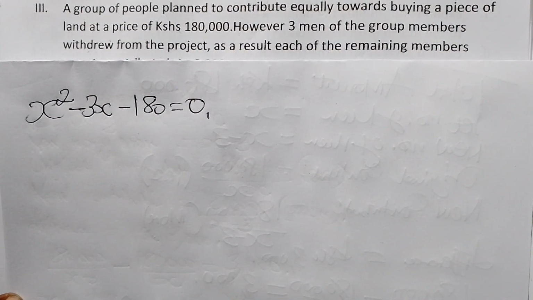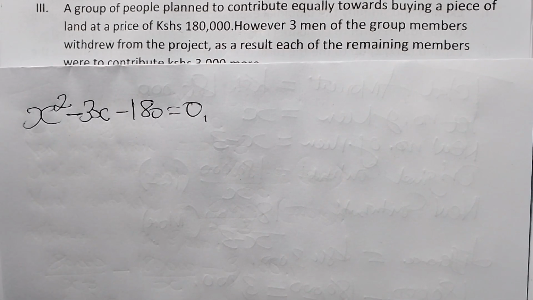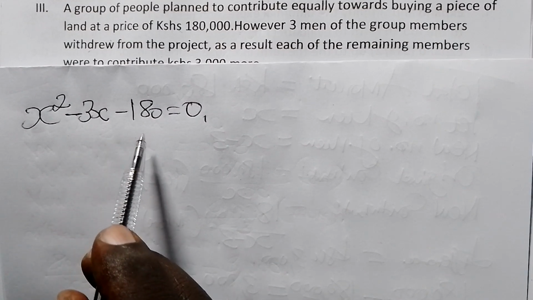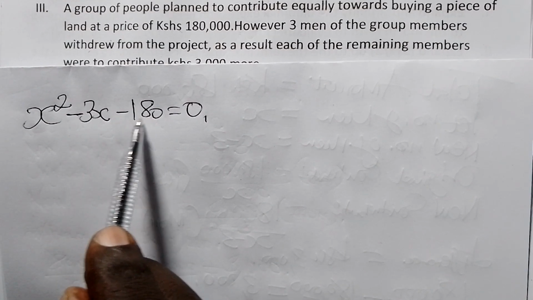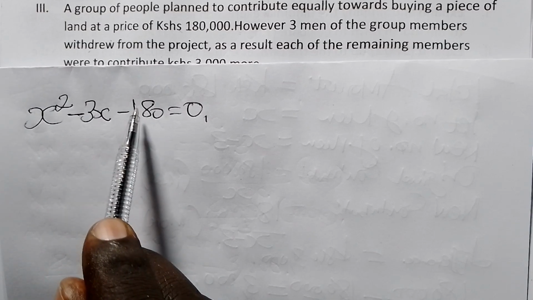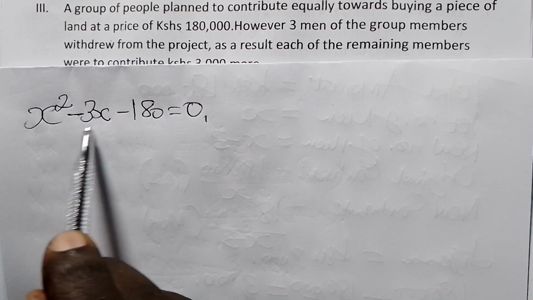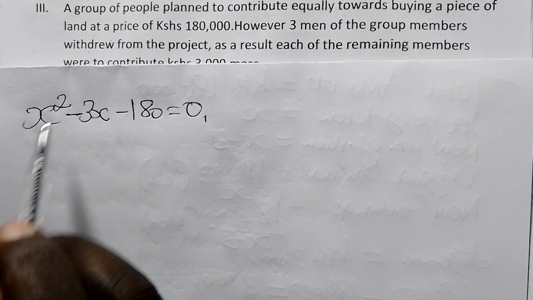we now need to get the factors in this particular equation, or we need to get two numbers so that when we multiply the two numbers, we get a product of negative 180, and when we add the two numbers, we get a sum of negative 3.